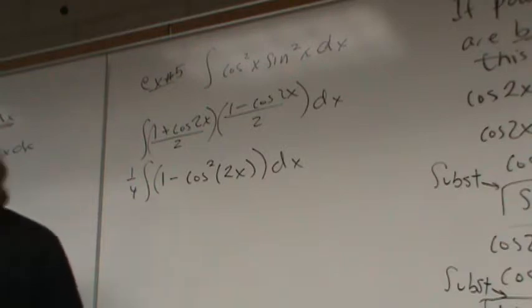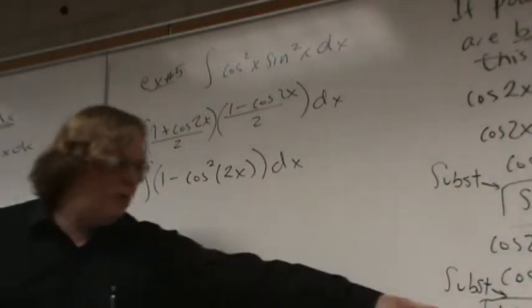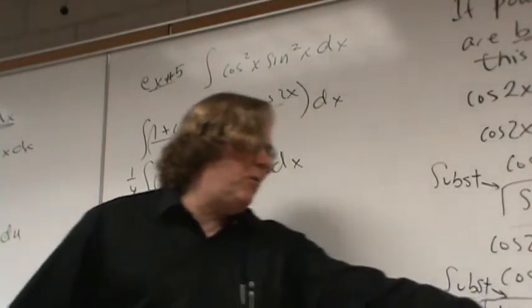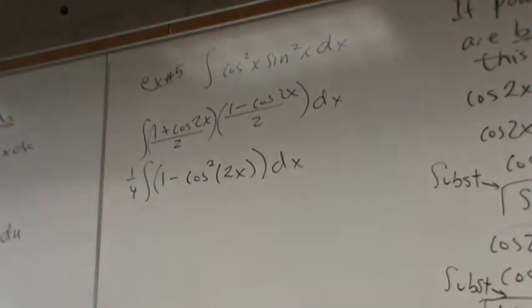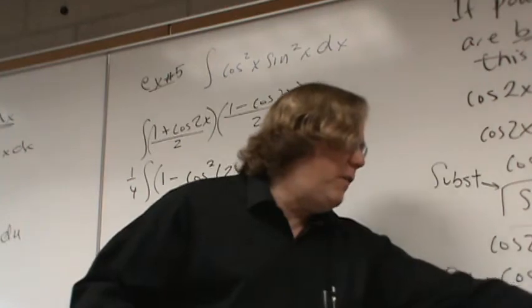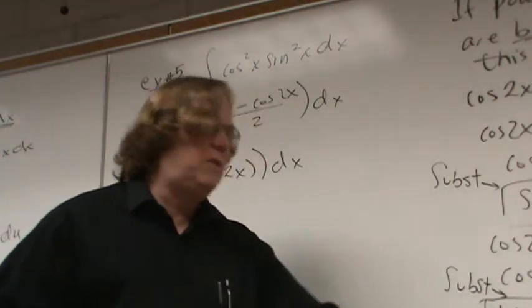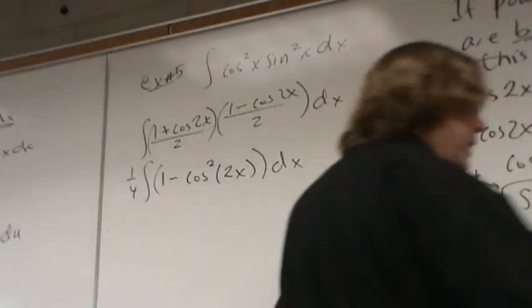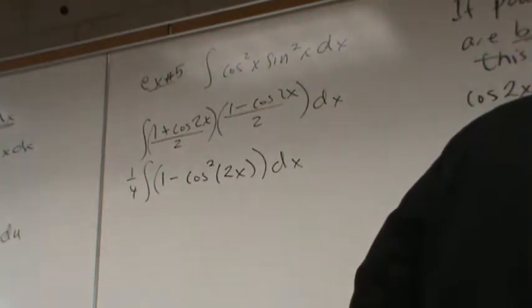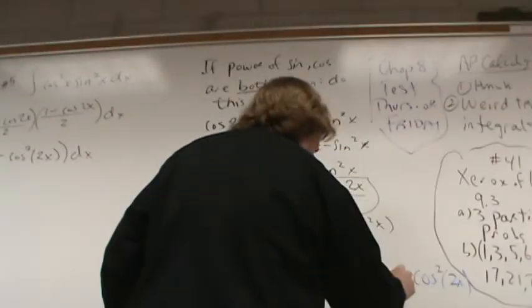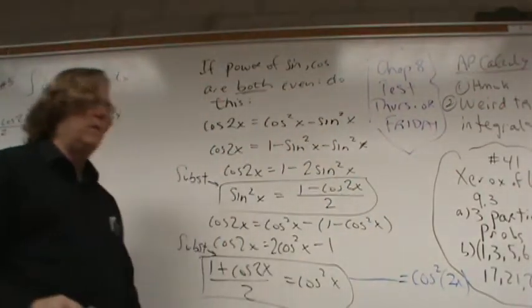I would say just that one. Yeah, just this one, right? For cosine squared. Except you'll notice this says if I have cosine squared of x, it's going to be 1 plus cosine 2x over 2. What do you suppose it's going to be for the cosine squared of 2x?